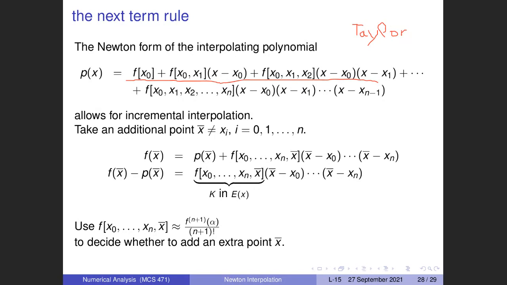Now, it will go on forever and ever with the Taylor series, but if we are interpolating a polynomial, then we have the Taylor representation relative to a basis of picked interpolation points. Now the point of this slide is, of course, to use the last divided differences to decide whether you need an extra point or not.